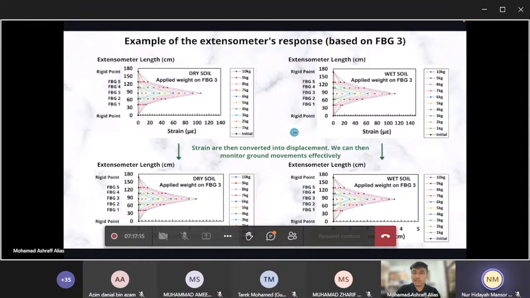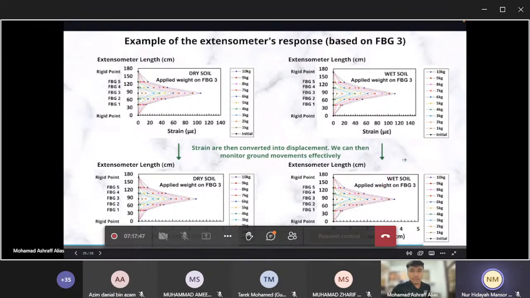The response in terms of strain captured by the FBGs is higher than in dry soil. So it means that when you apply your device in a wet soil environment, the pipe will be bent more due to the wet soil properties, and this can also be converted into displacement, as we can see here.